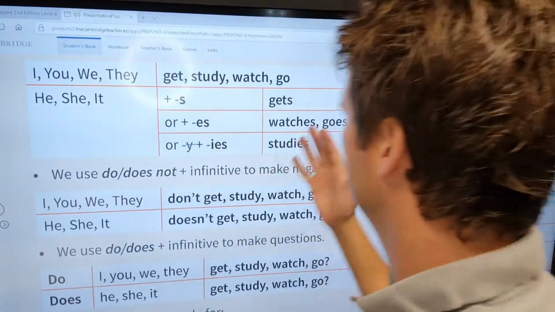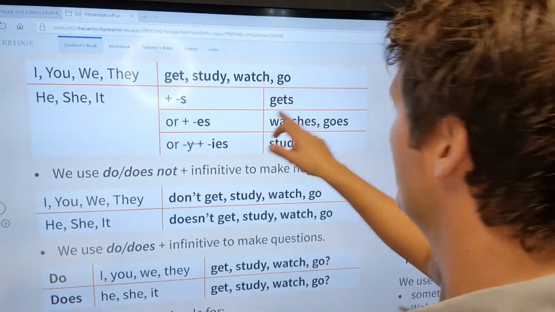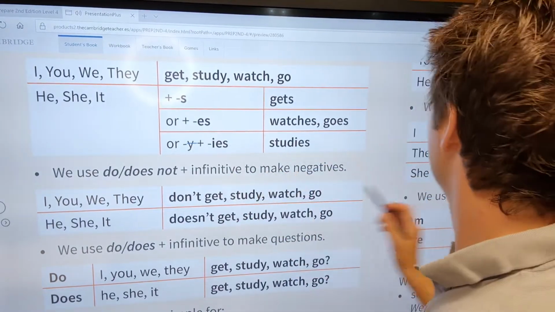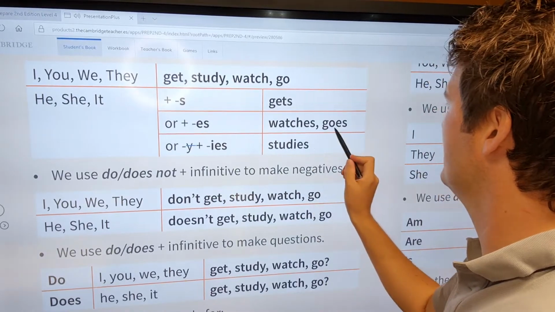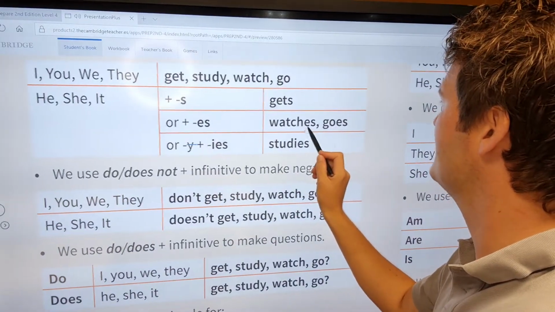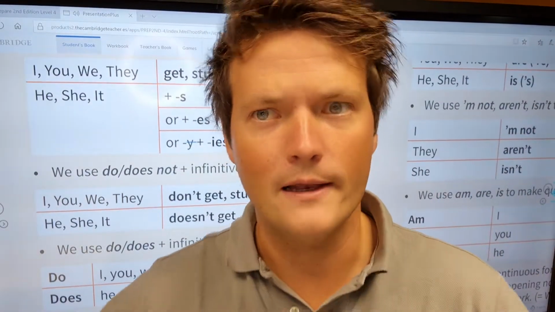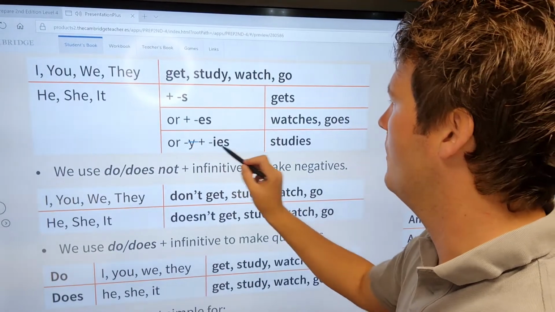In most verbs, it's just a case of putting an S at the end of the verb, like gets. But we have a few exceptions. When the verb ends in CH or O, we put ES at the end. When it ends in a consonant and a Y, like study, we take off the Y and put IES.